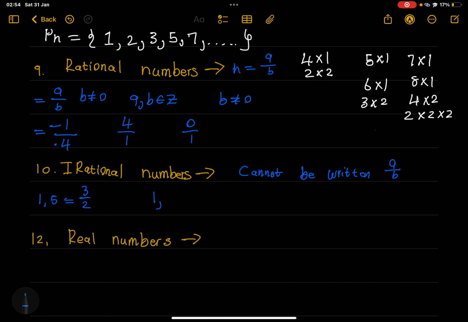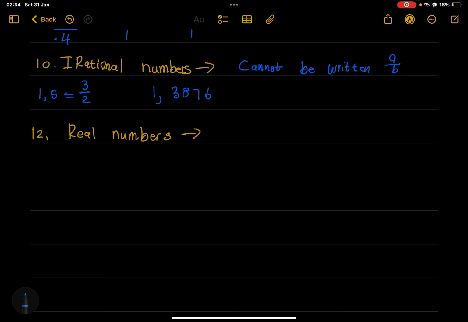For example, 1.3876. This number cannot be written as a fraction. There is no way you can write that number as a fraction. Understand? So those things, we call them irrational numbers.